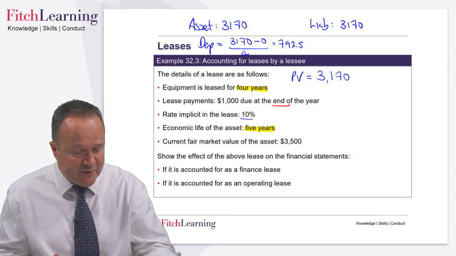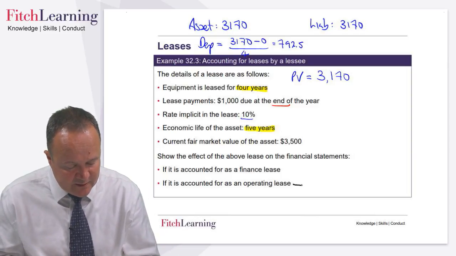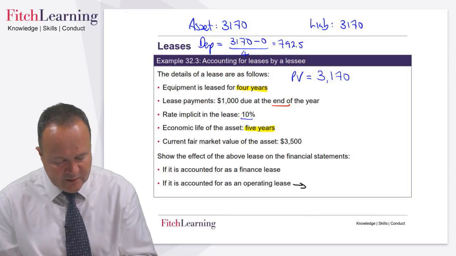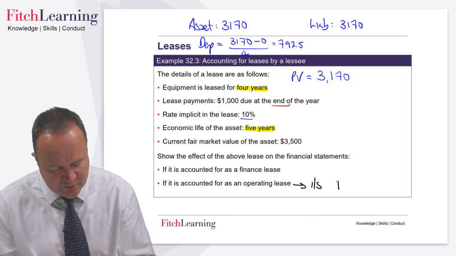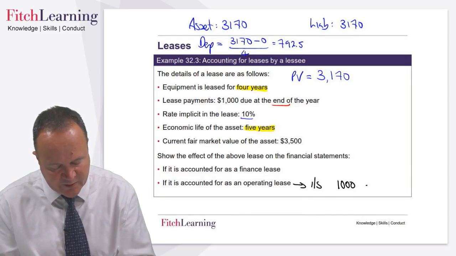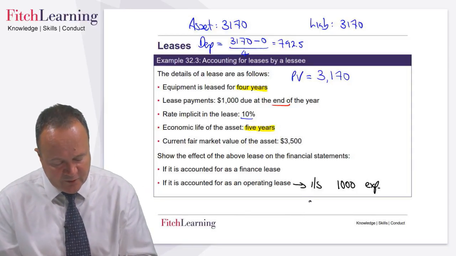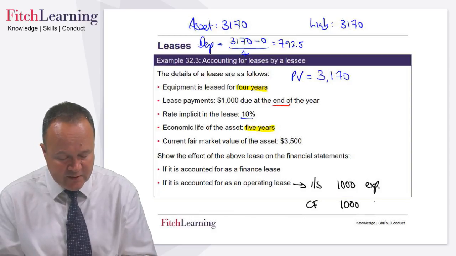If it's an operating lease, we said that's easy. We'll have no asset, no liability, and on the income statement, all we'll see is a $1,000 expense. And on the cash flow statement, we'll see $1,000 as an operating cash flow.